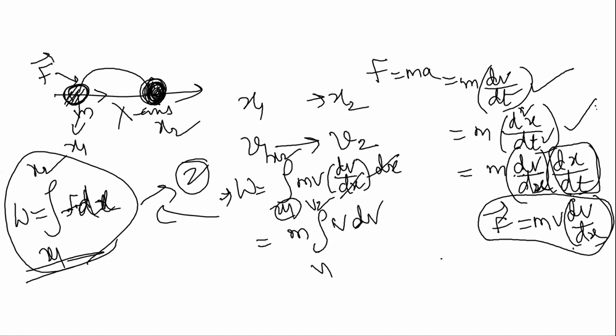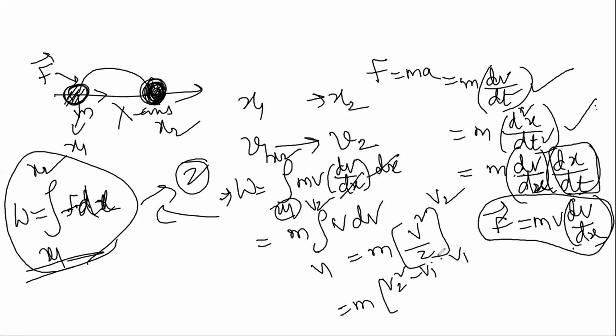The integral of v dv is v square by 2 from v1 to v2. So I'll get m into (v2 square minus v1 square) by 2. That is my work done. So what is half m v2 square minus half m v1 square? What is this, students?